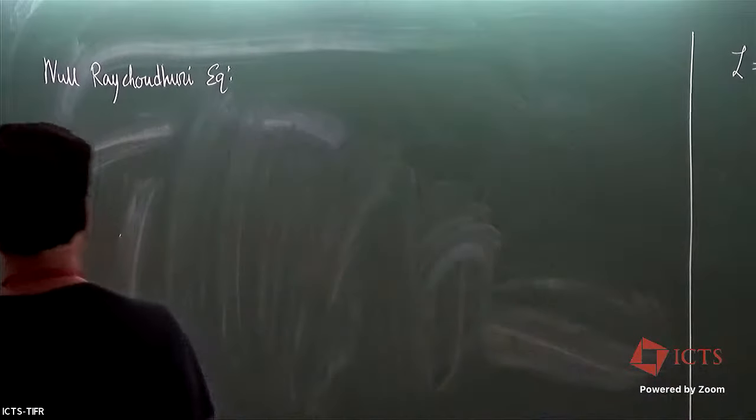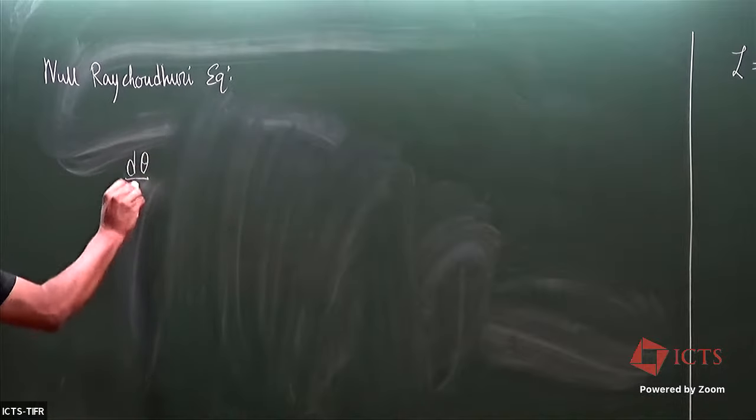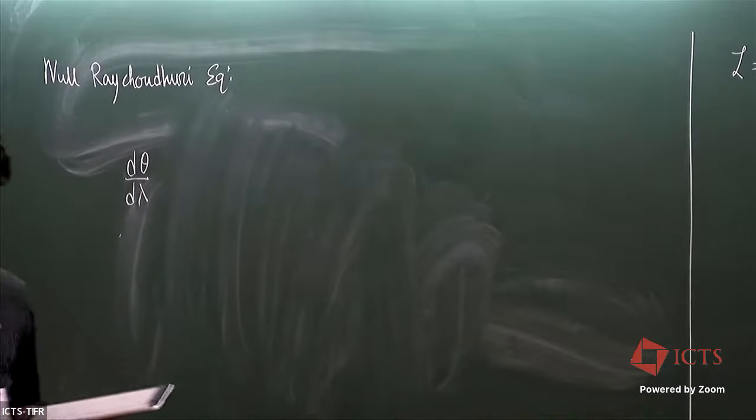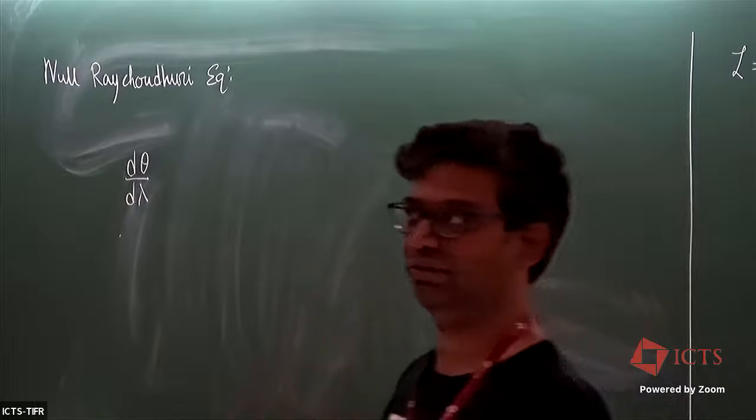This is a familiar equation. All of you should know this. This being the centenary year of Raychaudhuri, all the relativists should know the derivation of this equation, at least this year. Next year you can forget.